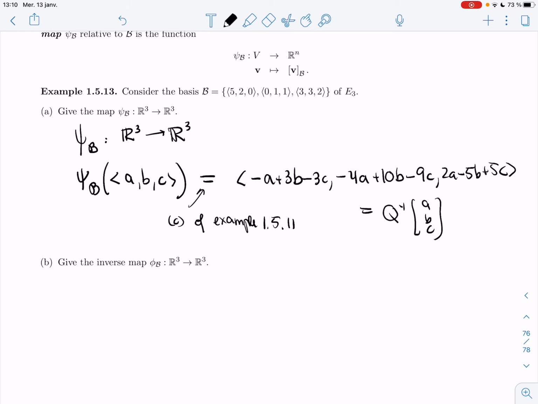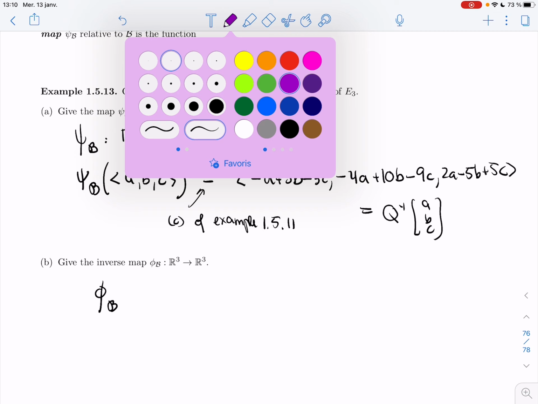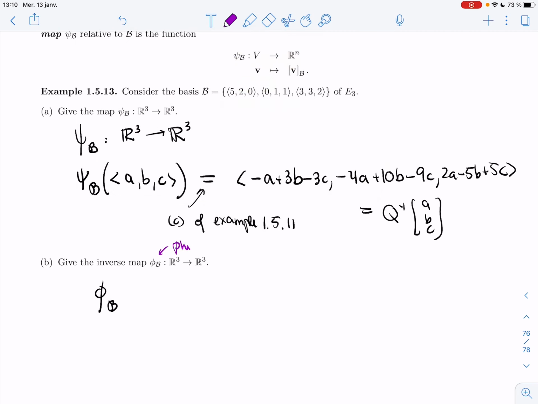All right, give the inverse map. Well, that inverse map, this is phi, and this is psi. I'll keep them like that for all of chapter 2 as well. So for the second one, I want to go from a coordinate vector back to the original vector.